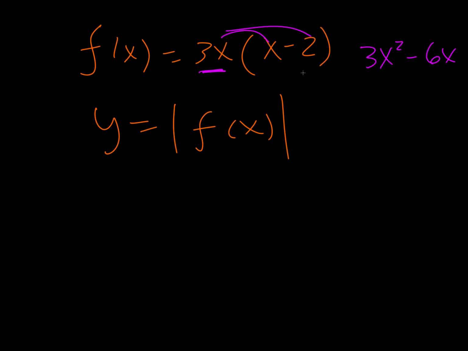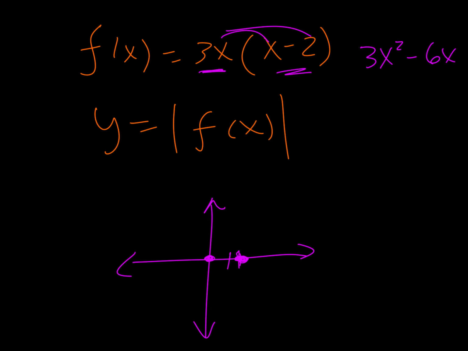Now these can tell us our roots because that's actually a little bit more useful. So our roots are going to be at 2, and then this will create a root at 0. If you don't know the shortcuts on that, you can set each piece equal to 0 and then solve for x, and that will show you that.